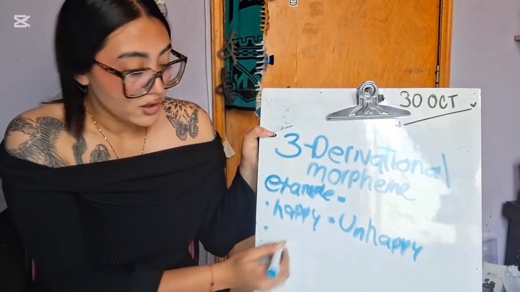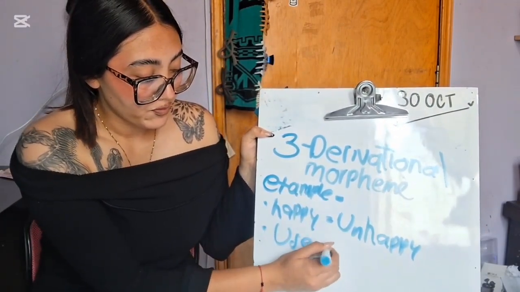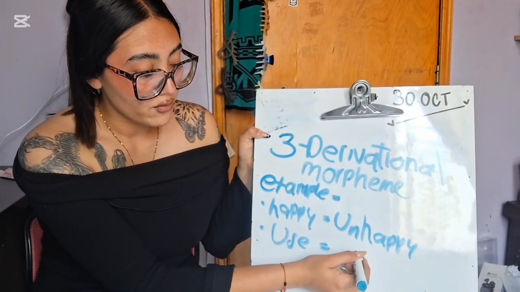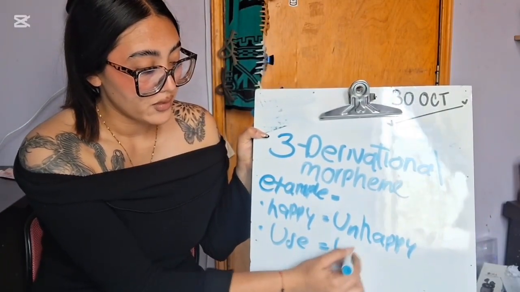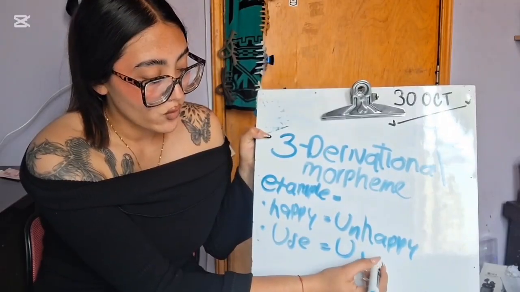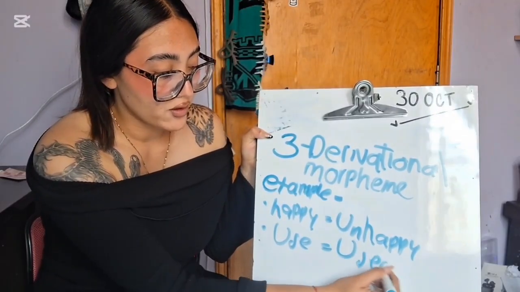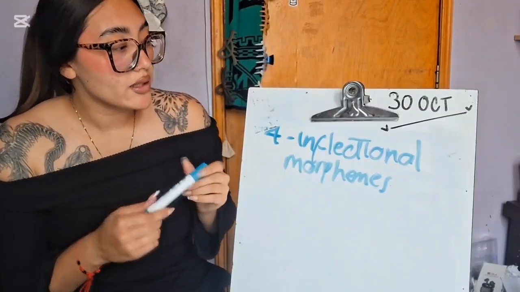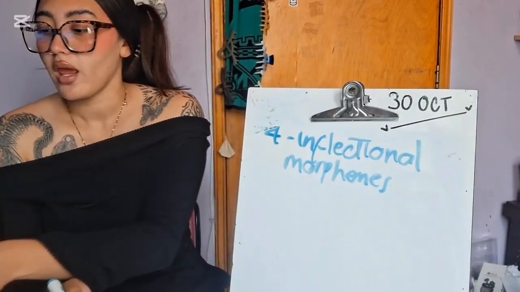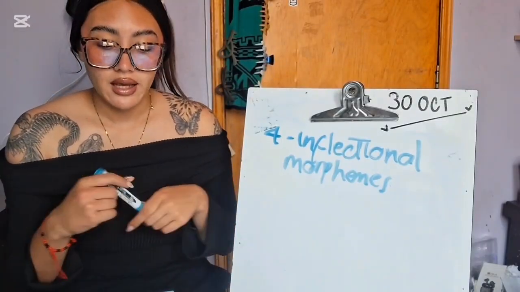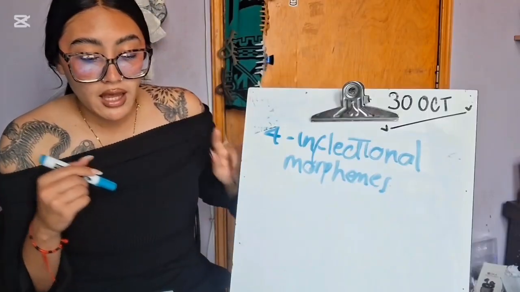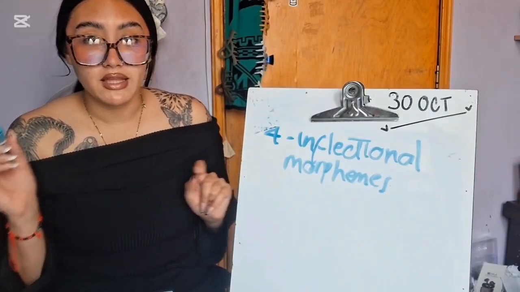The second, use. And you can add ful. And this word will become useful. So the last one is the inflectional morpheme. In this case, they absolutely do not change the category. They only change grammatical information.